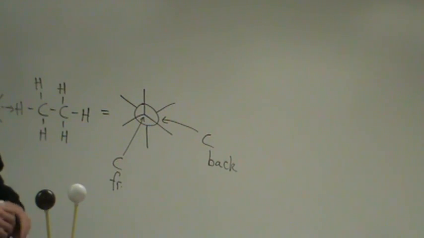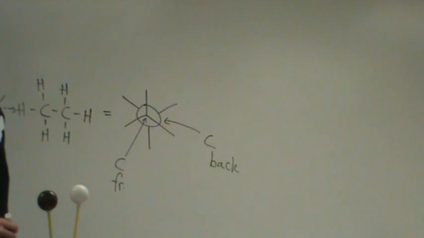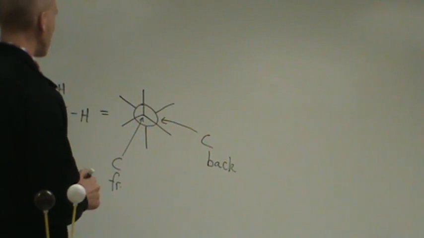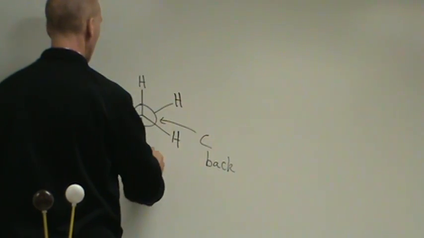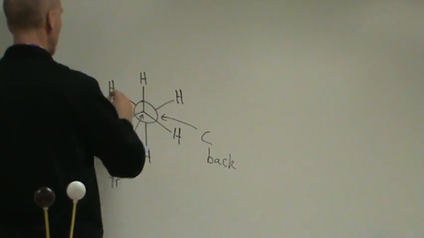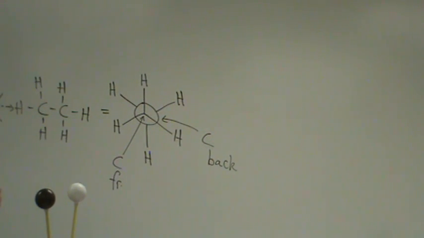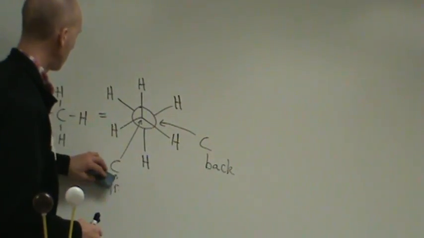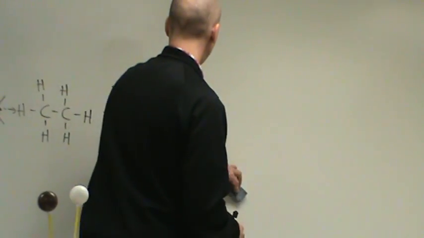What do you think we're going to put on these lines coming off the carbons? The hydrogens. Very good. Pretty simple. So let's go ahead and do that. So there are our 6 hydrogens. Let me go ahead and erase these arrows here to get it clear.